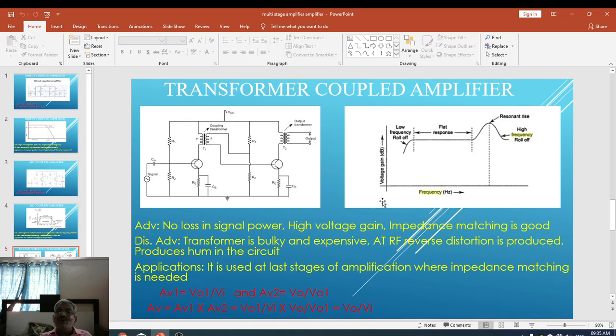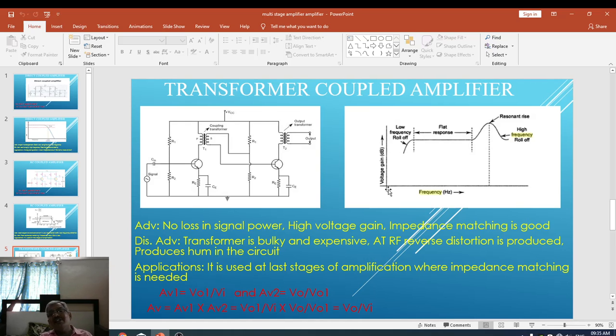It is a graph of voltage gain versus frequency, to be treated as the frequency response of the transformer coupled amplifier. From this graph, what can we observe? When frequency is 0, voltage gain is 0. As frequency increases, voltage gain also increases up to here.